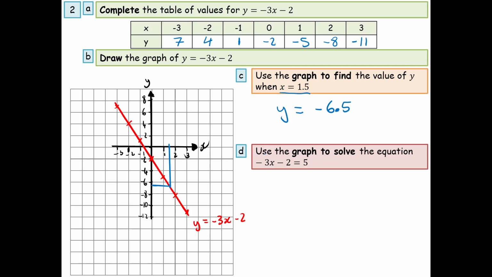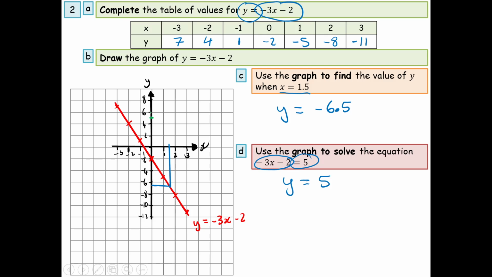Part D says use the graph to solve the equation minus 3x minus 2 is equal to 5. You can see here that this part here is the same as that part. So this part must be that part. So we're going to say that y is equal to 5. So we'll go to where y is 5, which is here.